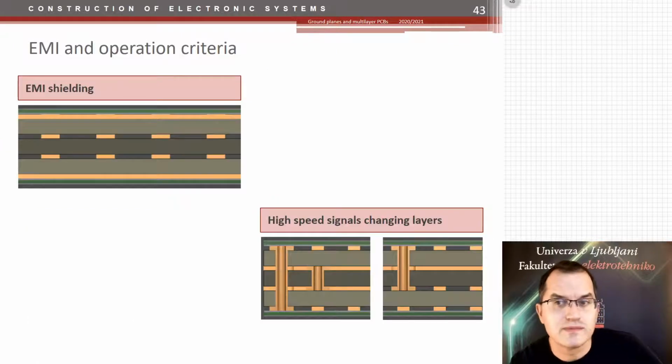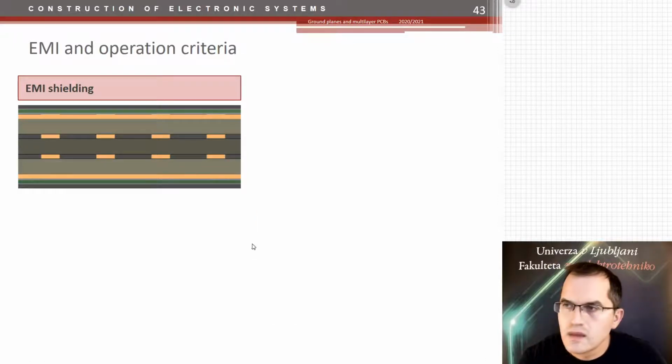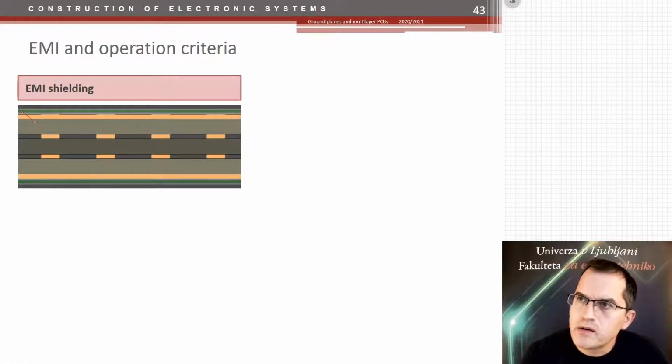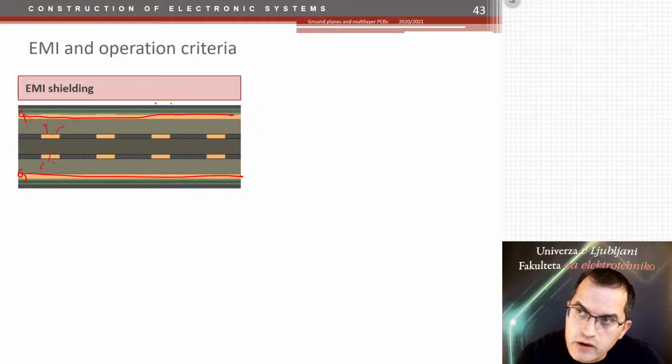What else? The EMI shielding. If you have a power and ground plane on top and bottom, or you have two ground planes, whatsoever, there is a nice shielding outside, because these tracks have this noise, and this then acts as a nice big shield around them.